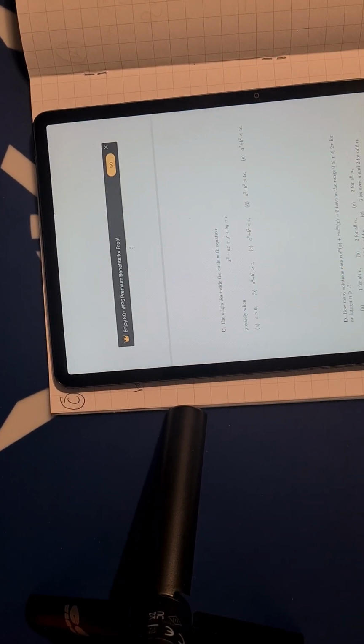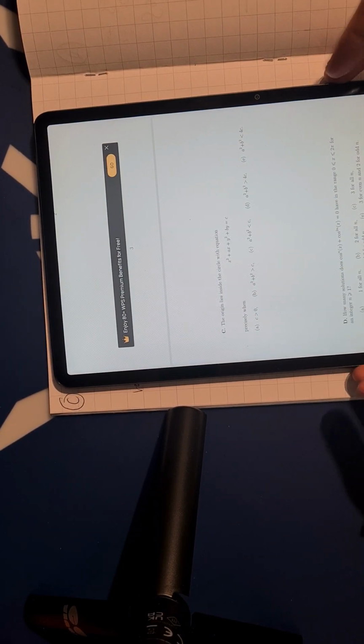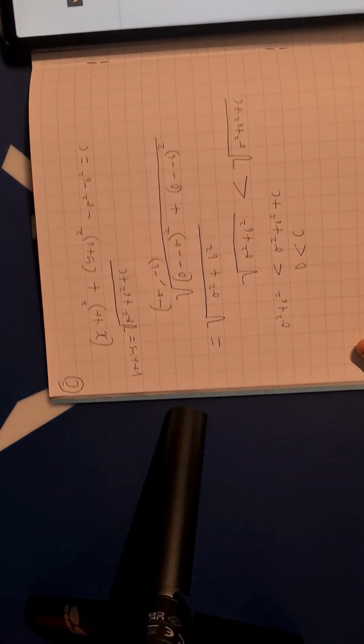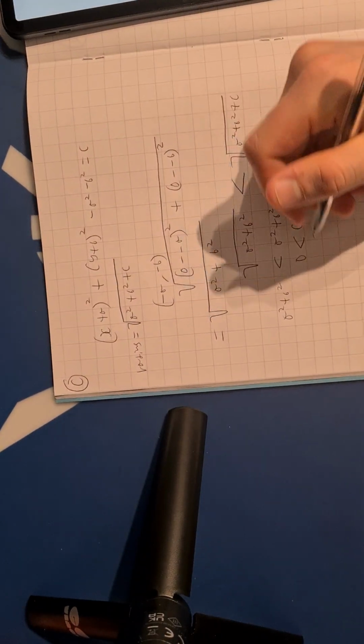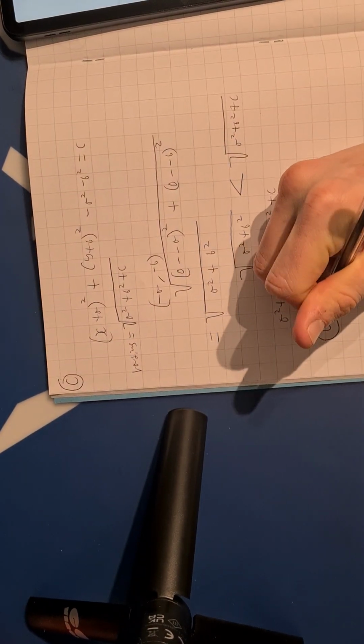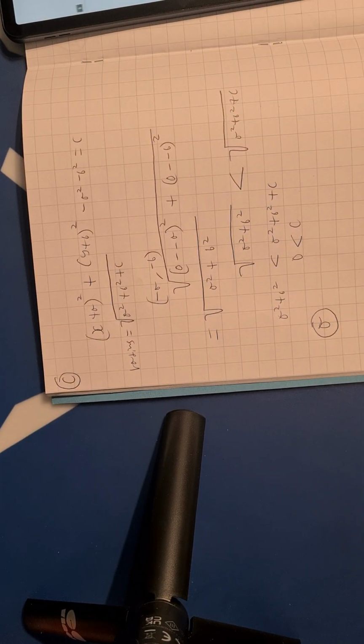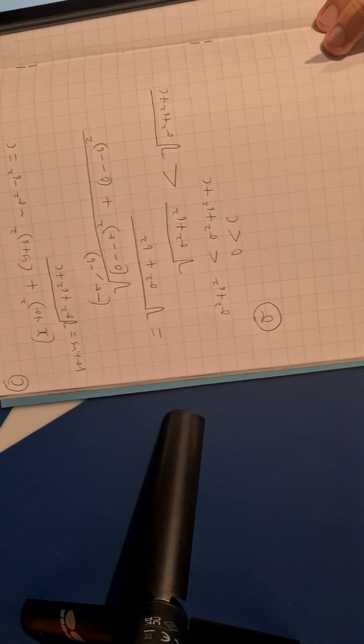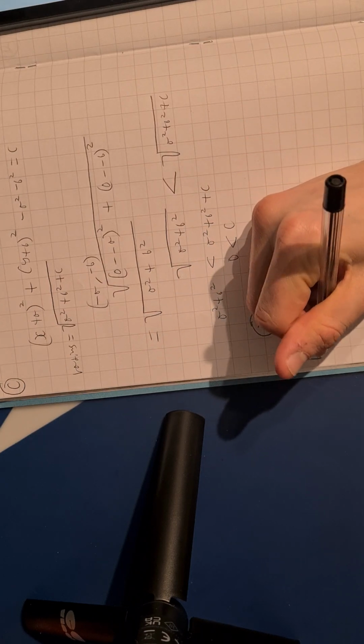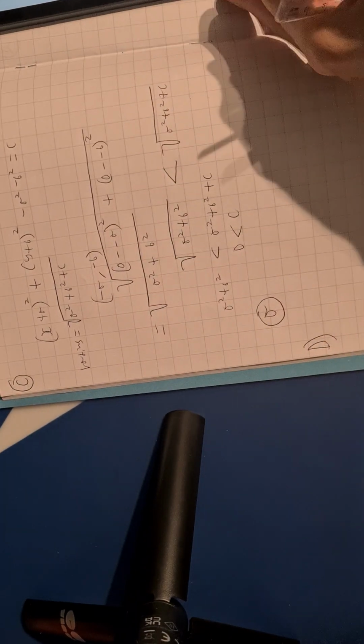Yeah, A, c is greater than 0. So that is our answer right there. So we'll put A. Okay. And now we'll do one more. We'll look at D. So if I look at D here, let me get that for you.